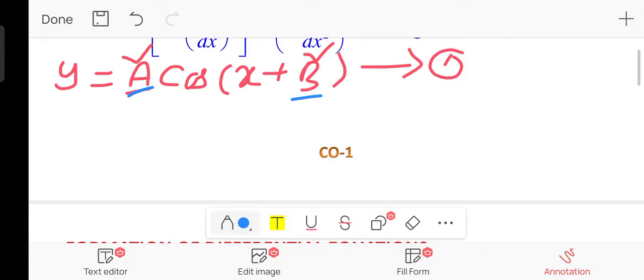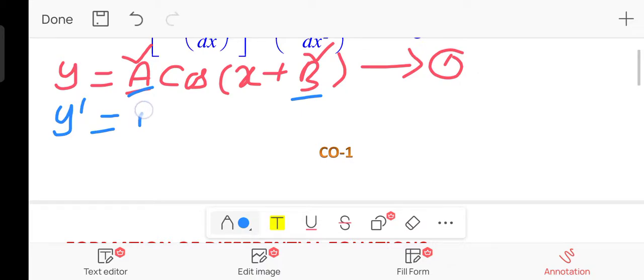So you have to differentiate two times. We are differentiating 1 with respect to x on both sides. Then we get dy by dx. dy by dx is also denoted as y dash. So y dash is equal to d by dx of a cos of x plus b.